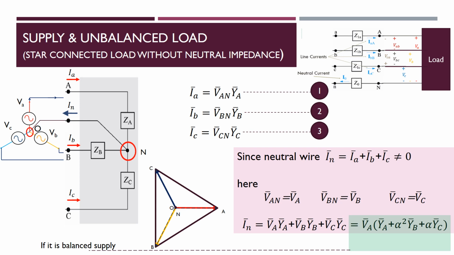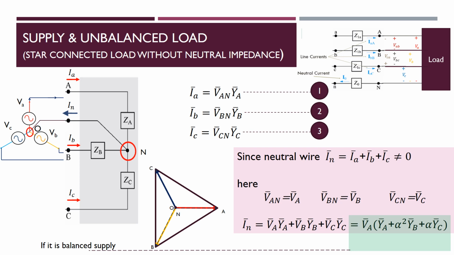The neutral current you may calculate, and there is no voltage VON; VON is 0. That means in the previous equation Yn becomes infinity, and In becomes 0, because Vn becomes 0.